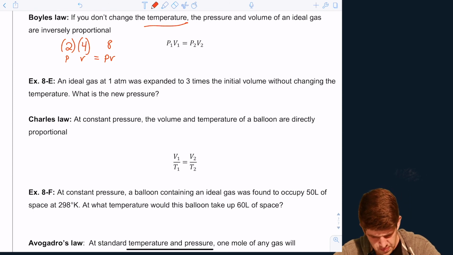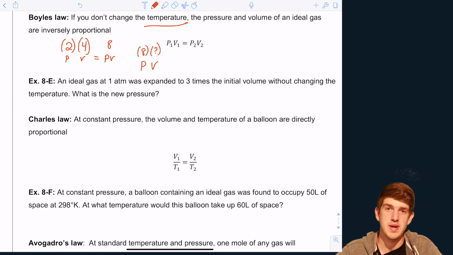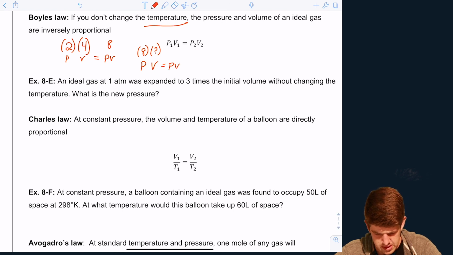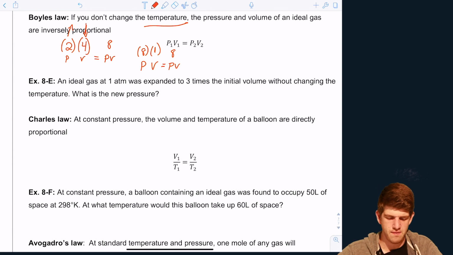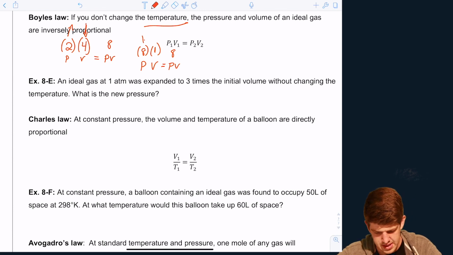Well, now the new pressure is 8. The volume is unknown, but it still has to be constant at a total pressure times volume of 8. So volume would just go down to 1. And so here, by increasing the pressure, I decrease the volume. And you can see that here.